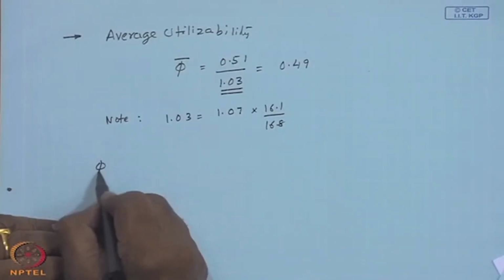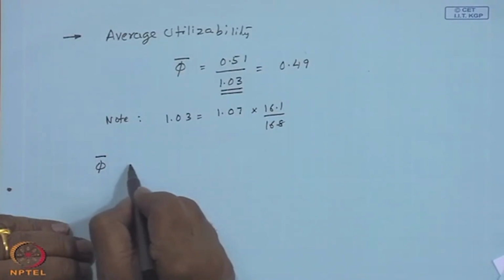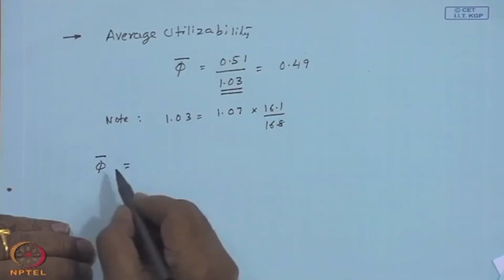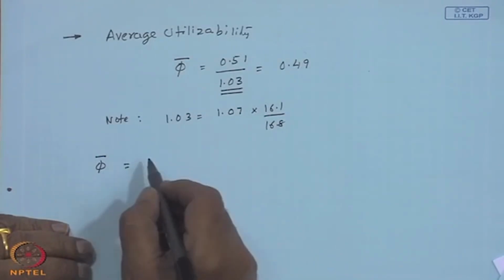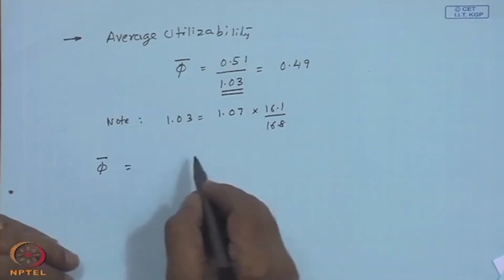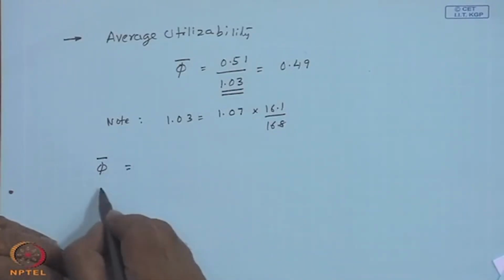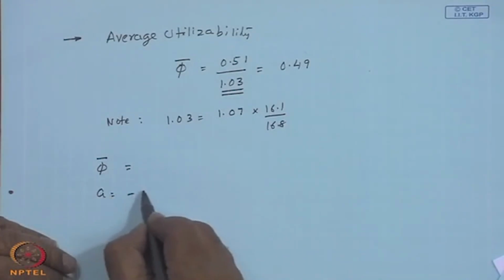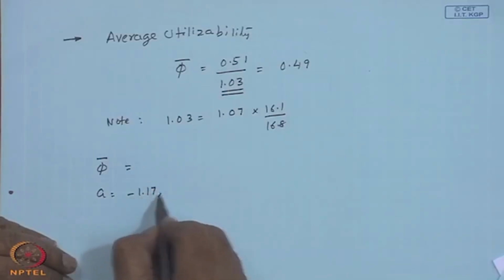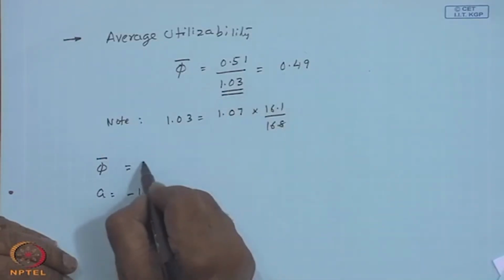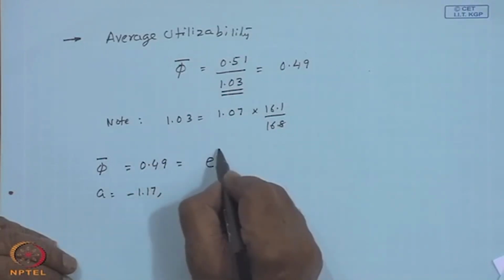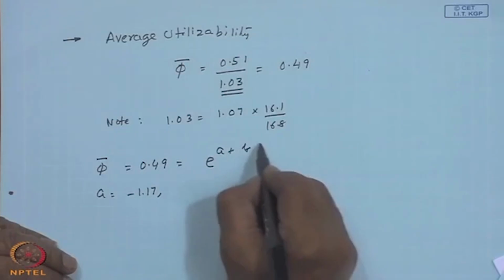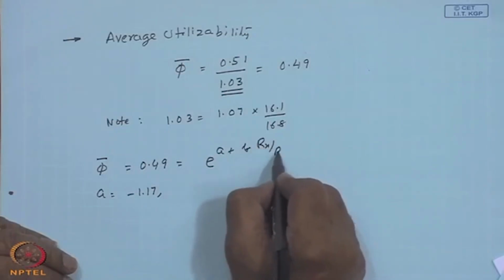Now, this phi bar will turn out to be, again we use the same constants, A equal to minus 1.17 and B equal to 0.49, already known to us, equal to e to the power A plus B r n by r bar.